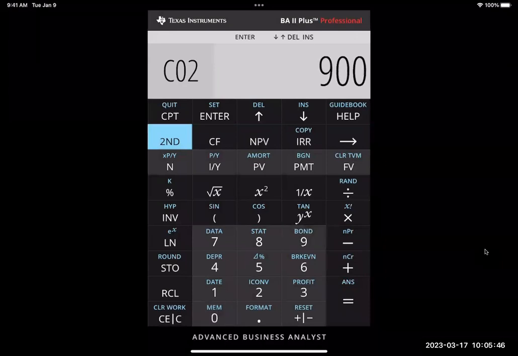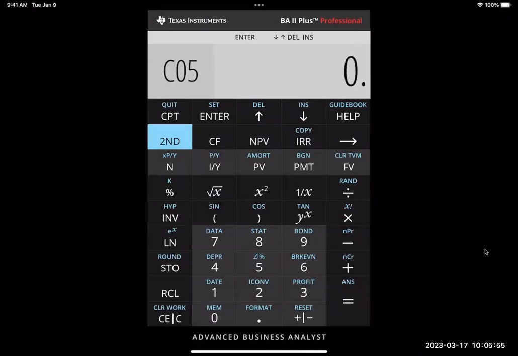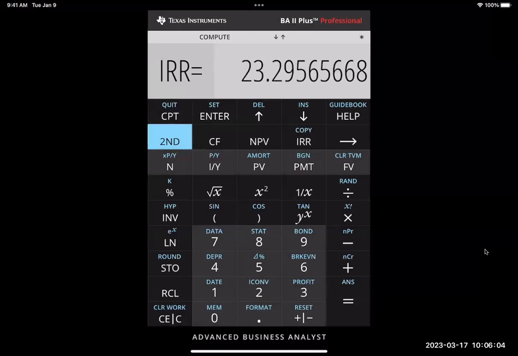Then 900, enter, down, down. Then 500, enter, down, down. And 1600, enter, down, down. So I have everything in there. Let's press IRR. Now it says 0 because you have to ask it to compute. So compute, and there you have 23.3.